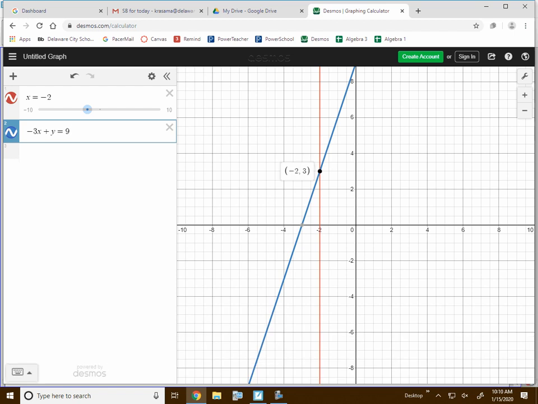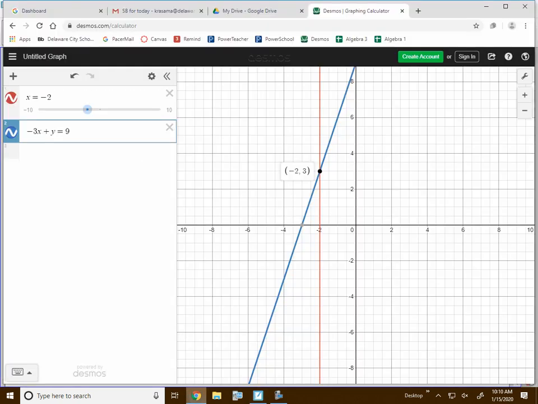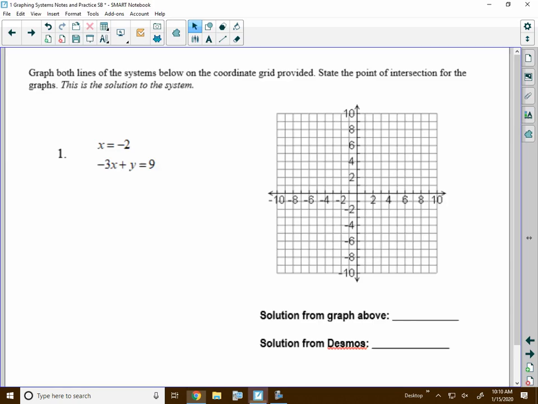Now, we need to roughly graph it. So I would just graph a few points on each line. The blue line, for example, we'll just do those two. Go ahead and plot the points -2, 3 and -3, 0.